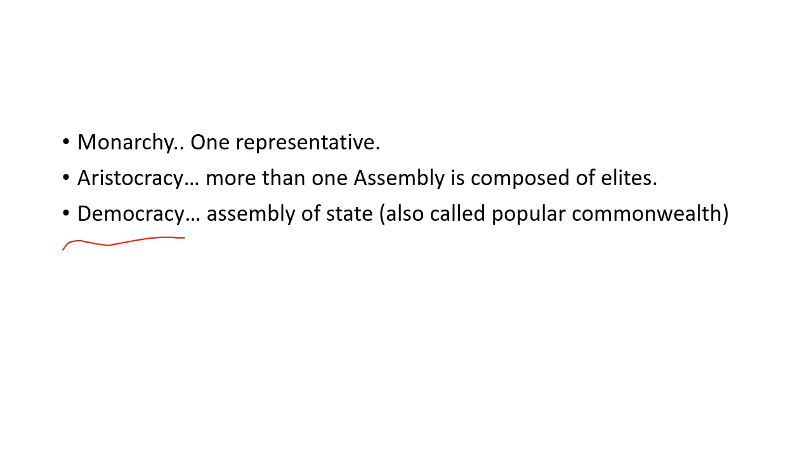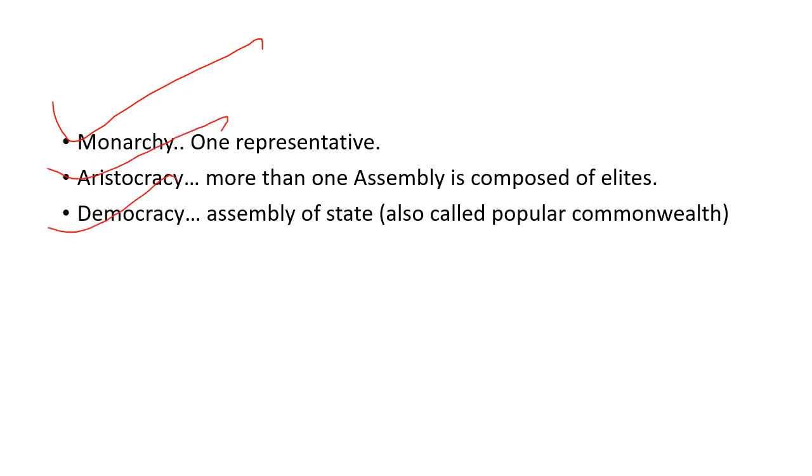Democracy is also called popular Commonwealth, since it is represented by the entire state or all the people of the state. So in this way, Hobbes divided the Commonwealth into three classes: the first is monarchy, second aristocracy, and third democracy.